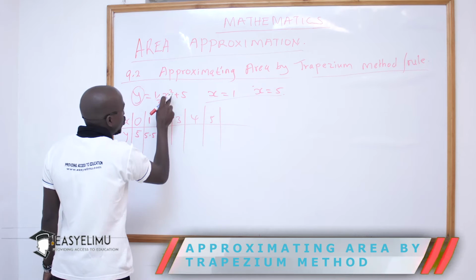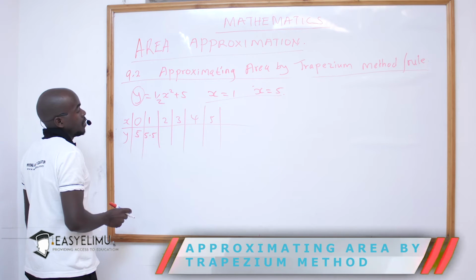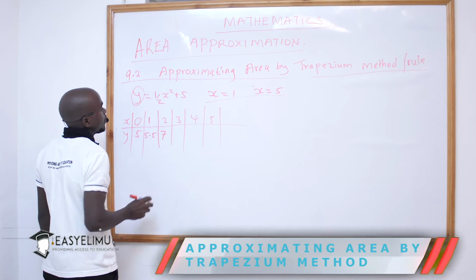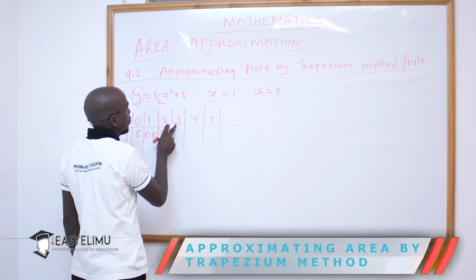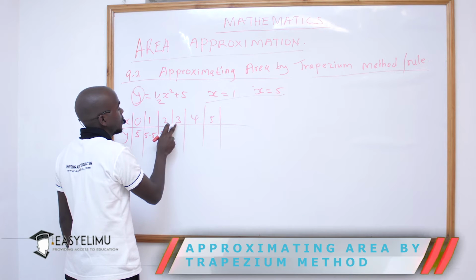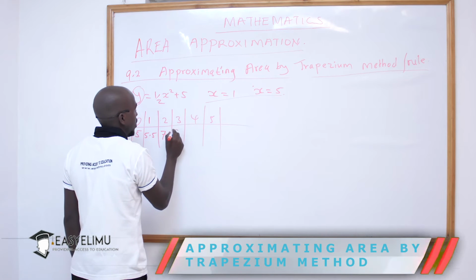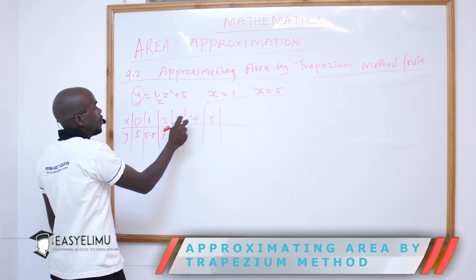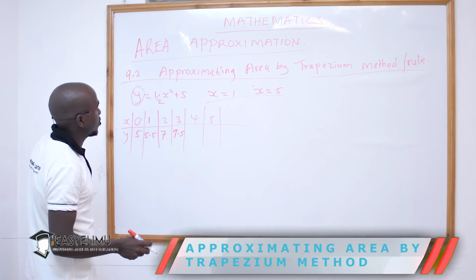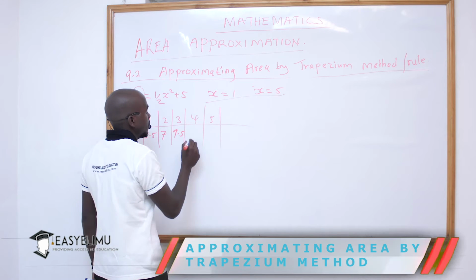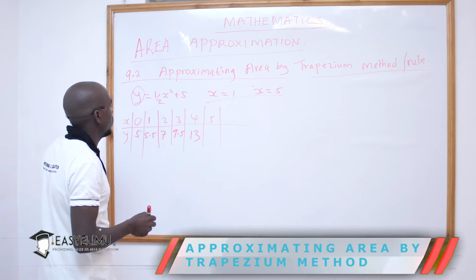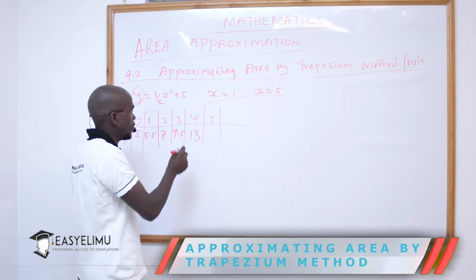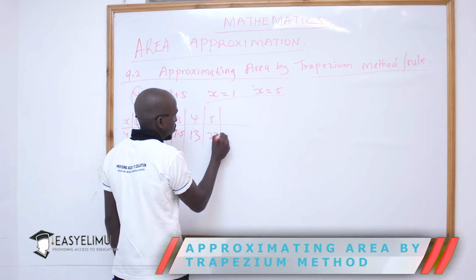If we place 2 there, we have 7. 3 gives 9 over 2, that is 4.5 plus 5, 9.5. 4 gives 16 over 2, 8 plus 5, that is 13. Then 5 gives 25 divided by 2, 12.5, plus 5, 17.5.